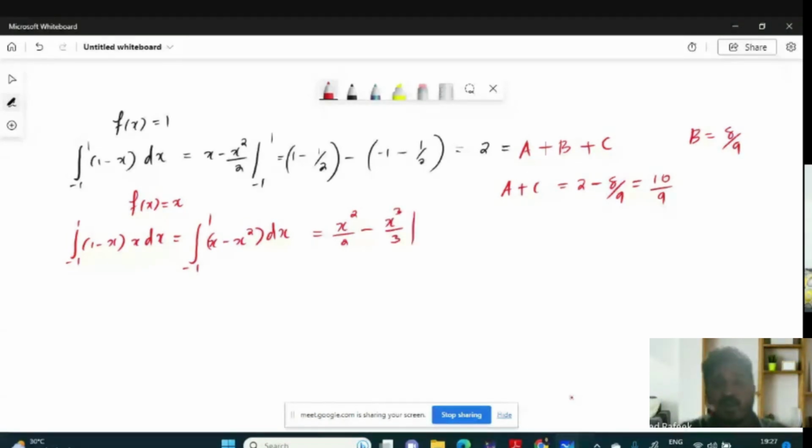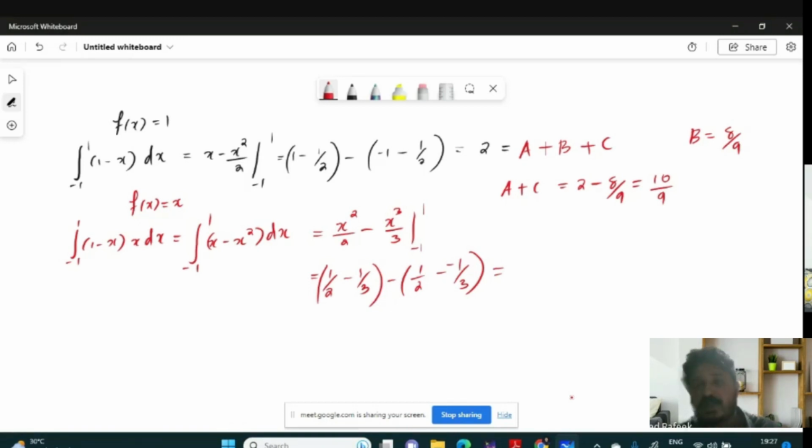The first one is an odd function. That becomes 0 only. 1 by 2 minus 1 by 3 minus, minus 1 by 2 minus 1 by 3, equal to 1 by 2 minus 1 by 2 is 0, minus 1 by 3 minus 2 by 3. You will get minus 2 by 3.